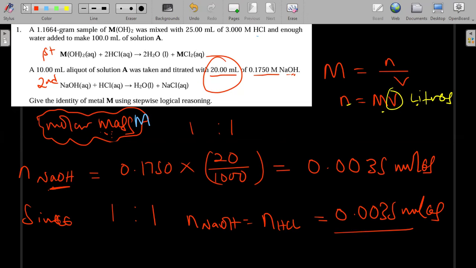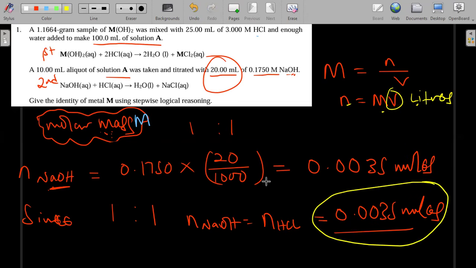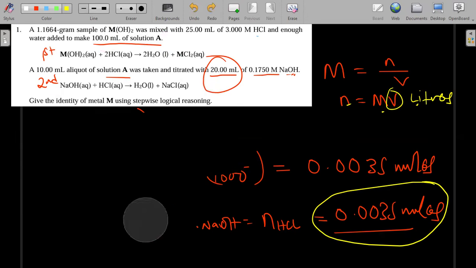But remember, our question said a 10 milliliter aliquot of solution A. Initially, solution A had 100 milliliters, and now it's 10. They have just taken a part of it, which is 10 milliliters. So these moles are in 10 milliliters of that solution. Before we can use these moles anywhere, we have to find the moles in the 100 milliliters. We're just going to use a ratio.